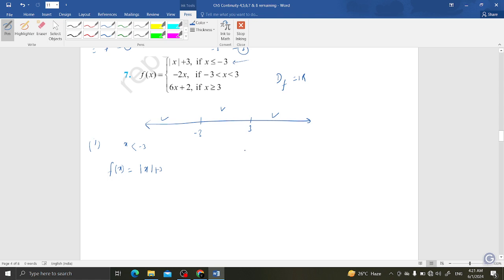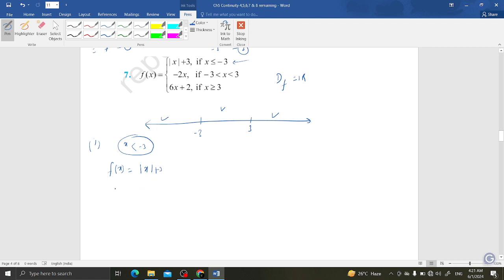One more thing you can do here. Okay, see, here you have two methods. Either you can use your LHL RHL concept for each point which is less than minus 3, and say simply LHL equal to RHL equal to the function value f of a, and hence the function is continuous, as we did previously.